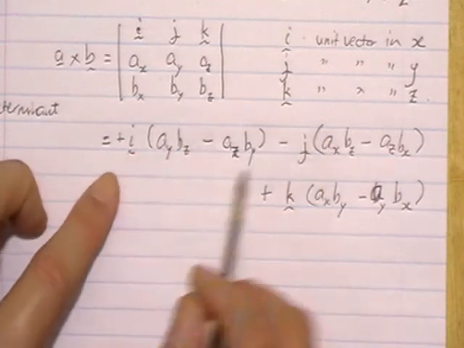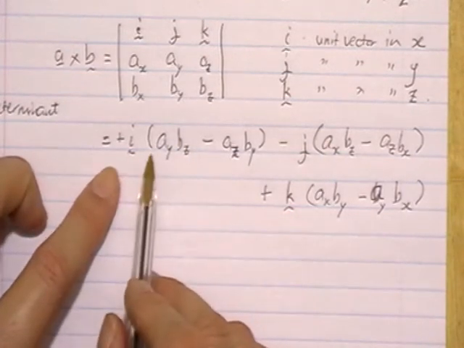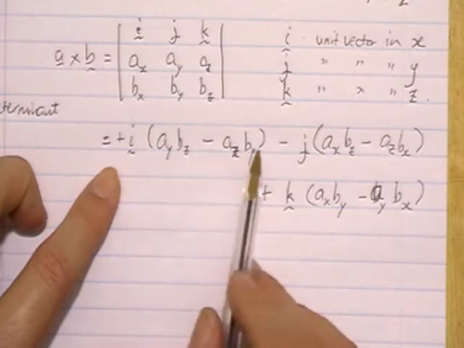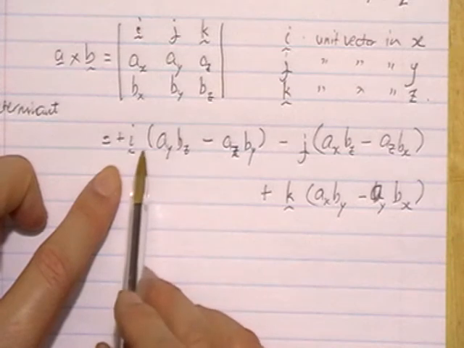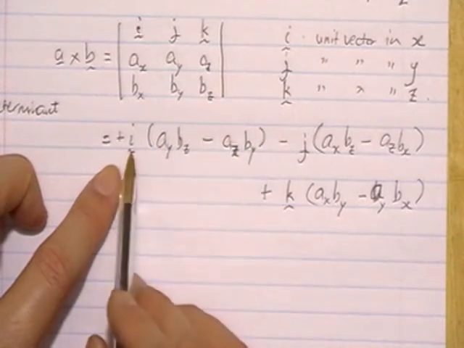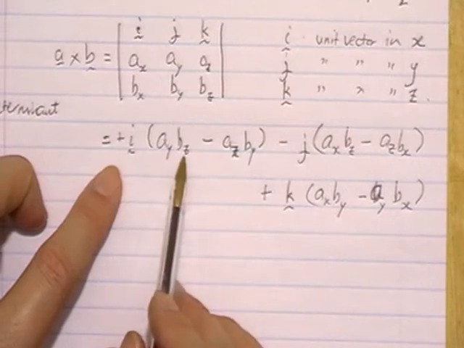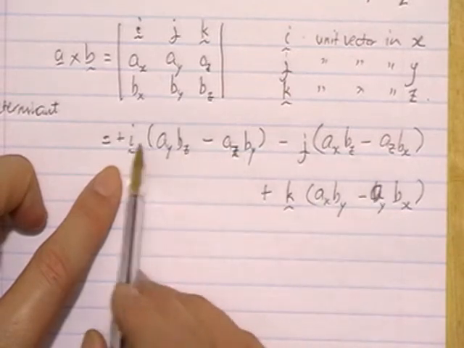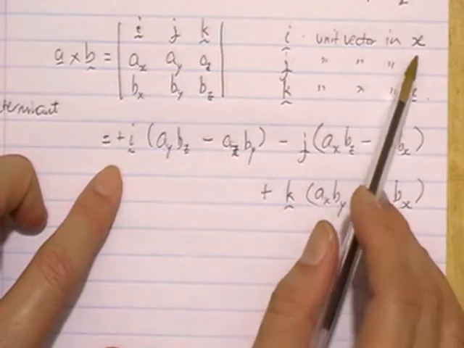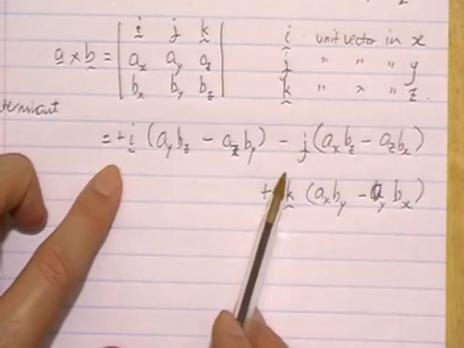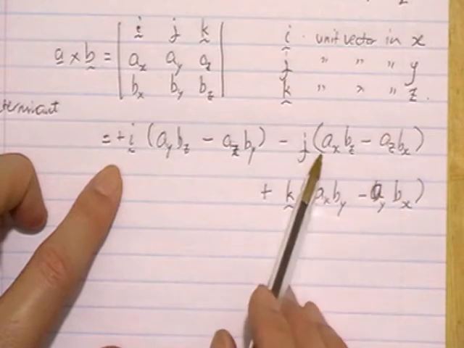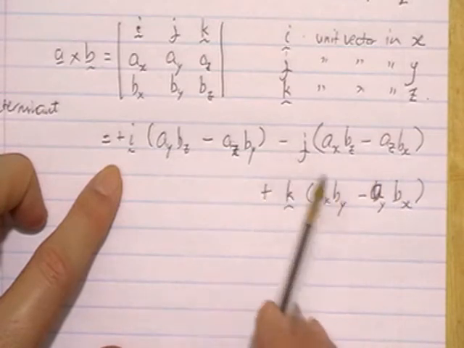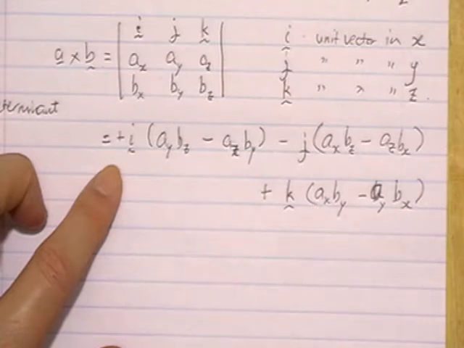That's the other thing we should note about the meaning of this formula, which is that the number that is multiplied by I is just the x component of this vector, since I is a unit vector in the x direction. And for y, that's the y component with the minus sign, and that's the z component.